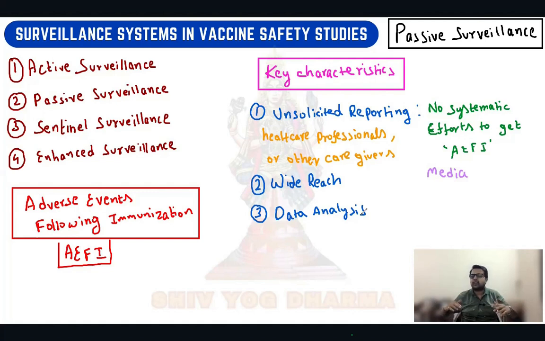In passive surveillance, they will just chill, have a cup of coffee, and wait for the reports from the people. Whatever reports they get, then they will get active. They will do data analysis on those reports to figure out the adverse events following immunization and the patterns. They will look at the trends, and based on that, they will take further actions.